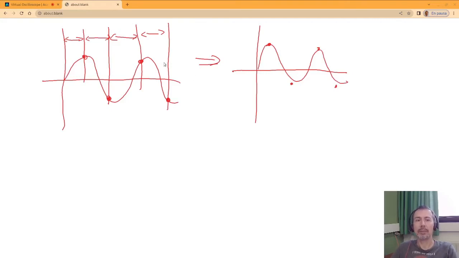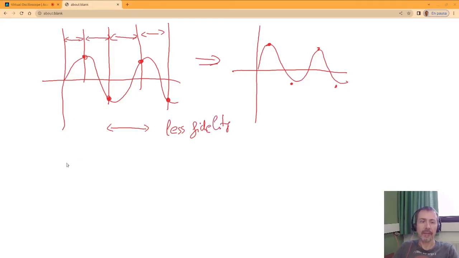So the important thing about the sampling interval is that the greater the sampling interval, the less fidelity we will have for reproducing the wave.